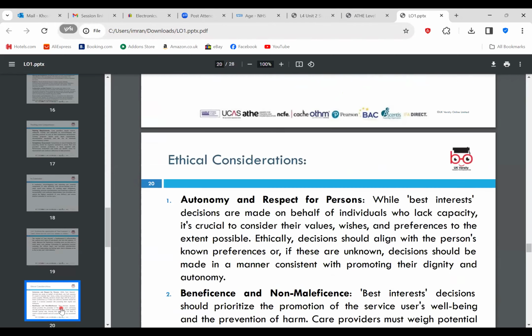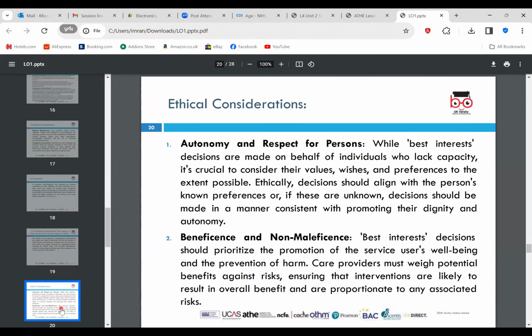So ethical considerations should be there. There should be autonomy and respect for persons while their best interests are taken care of. For people who lack capacity, obviously you will have to determine if there is capacity or not. Once you've determined that, their values and wishes, you've seen them, you've considered them.